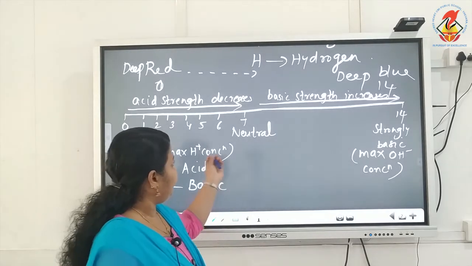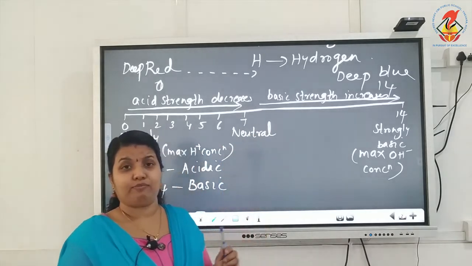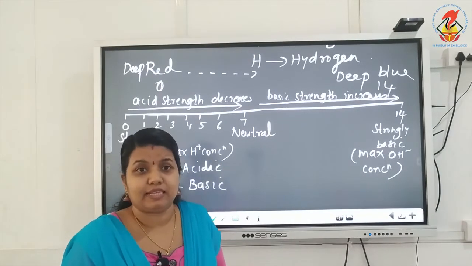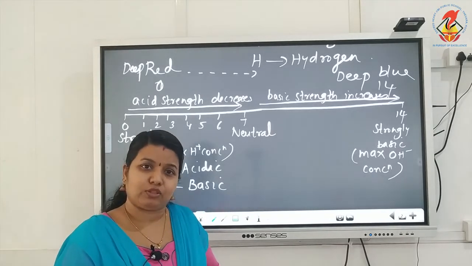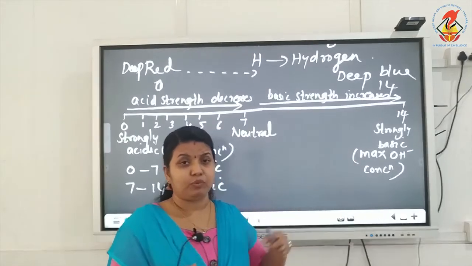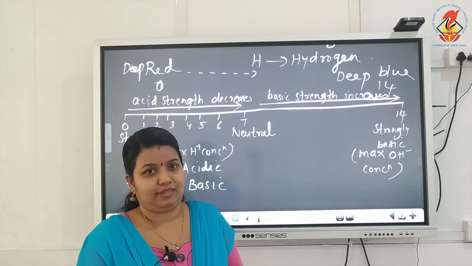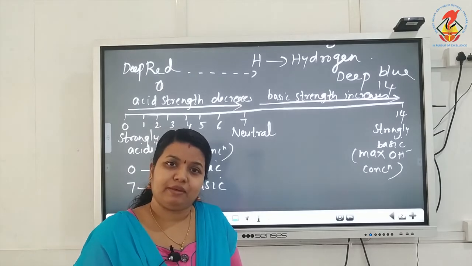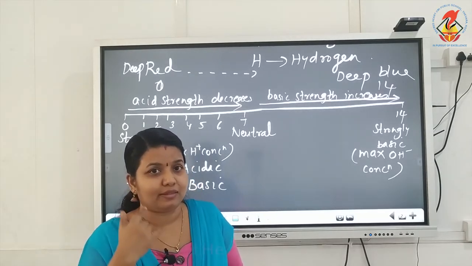And for bases, pH values stand in the range 7 to 14, and as the pH value increases, basic strength also increases. At pH value 14, the color will be deep blue and it will have the maximum hydroxide ion concentration. But from 0 to 7 it is the opposite.